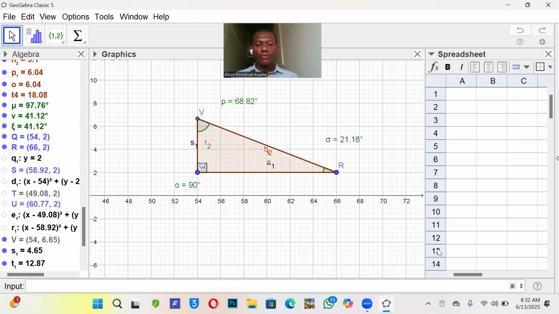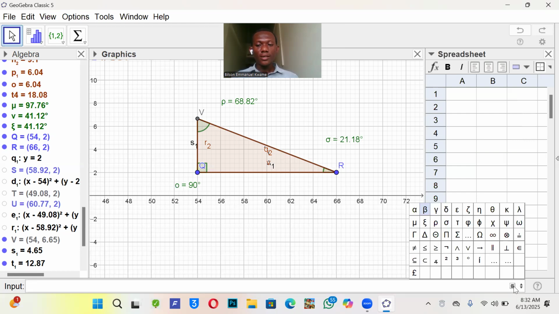But before you type in the input field, you have to come to the bottom here, where the symbols are. Let's look for the O symbol. What is the O symbol? It is not here.